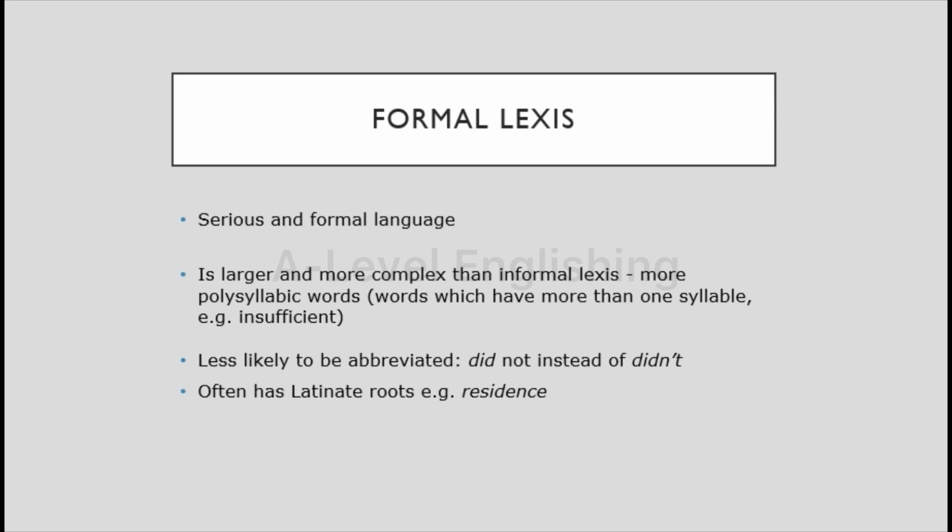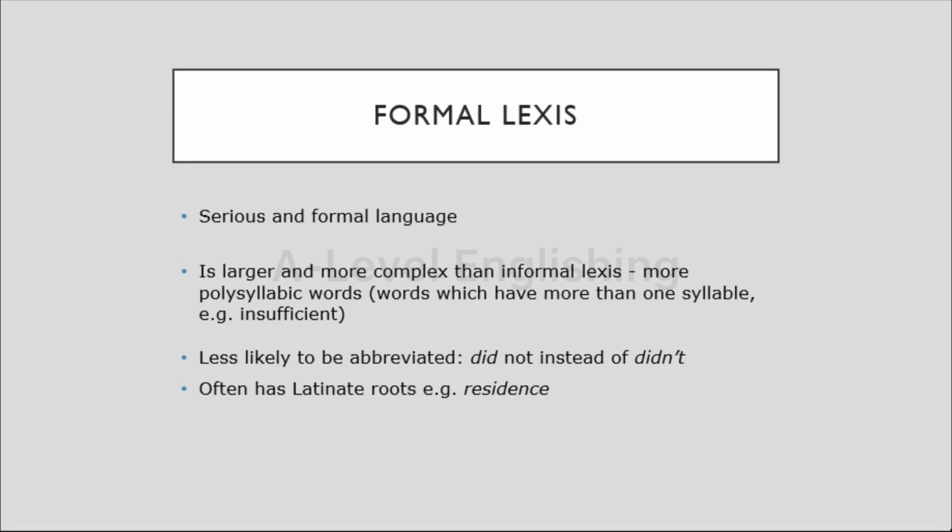So, for example, residence. So you can get the idea that typically formal lexis is used more in the context of written language, as it tends to be more formal than that of spoken language. For example, you'd probably have a more casual tone in conversation with someone than your written language would have in that of articles or reports, or even a normal school writing.